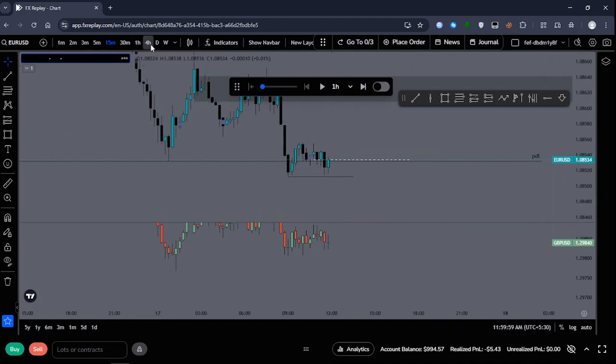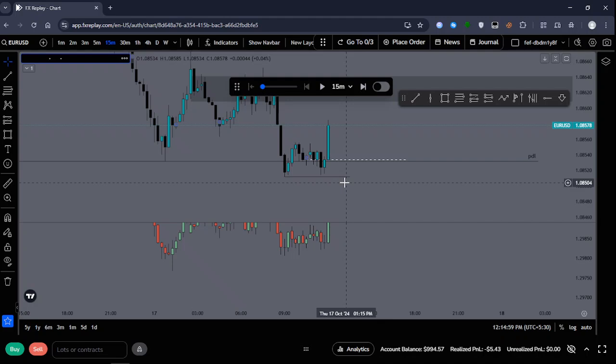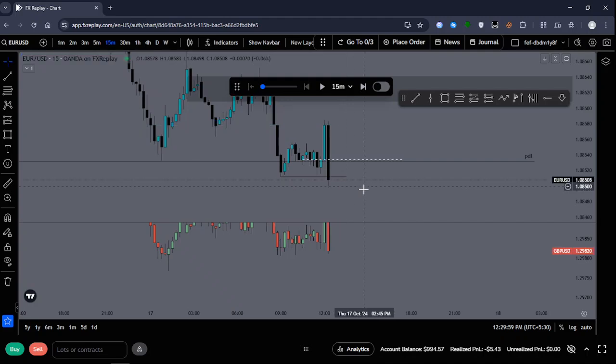12:30 will open. So that's a very instant push to the upside and an instant push to the downside.